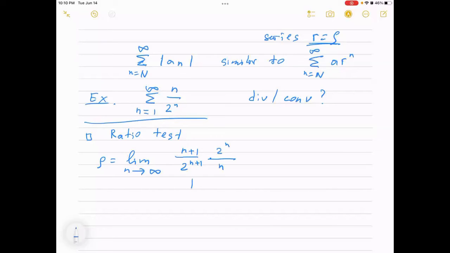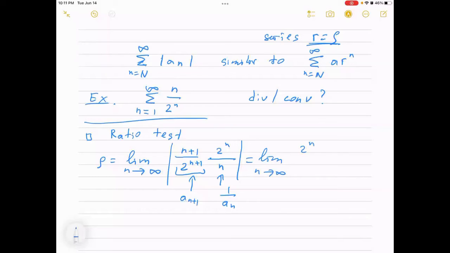So visualize it: that guy here is n plus 1 over 2 to the n plus 1, and the guy right here is 2 to the n divided by n, the reciprocal. If needed, take the absolute value, but we don't need to do the absolute value here because all expressions are positive.